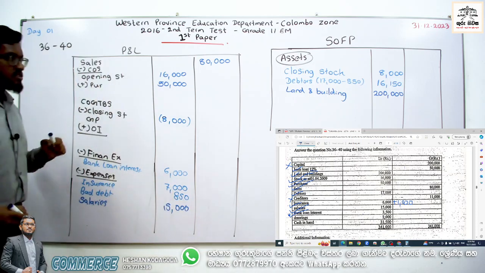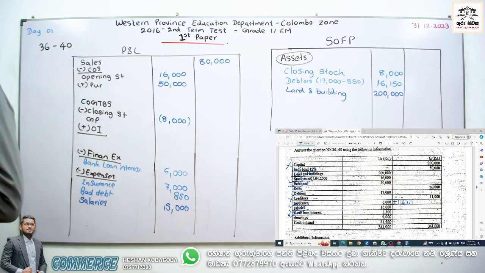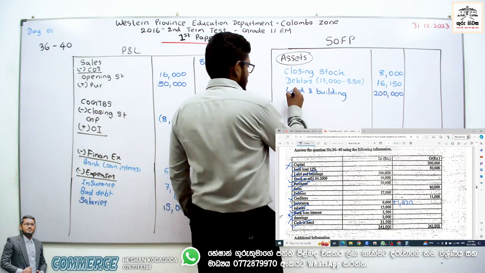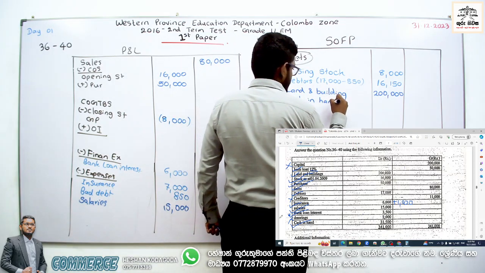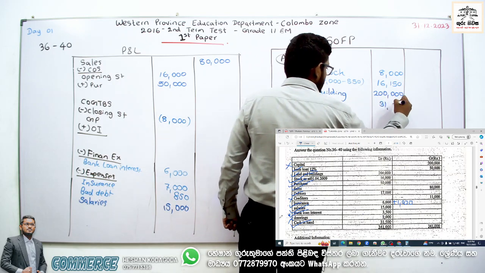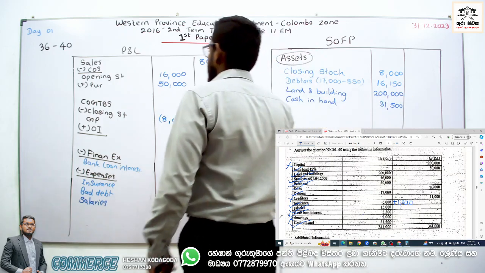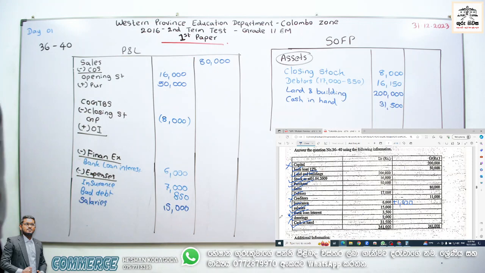Drawings, no need to concern. Why? We deduct this one from equity. Can you remember? We deduct drawings from equity, so no need to worry about that. Cash in hand 31,500. Okay, already done. Now only we need to find the balance.